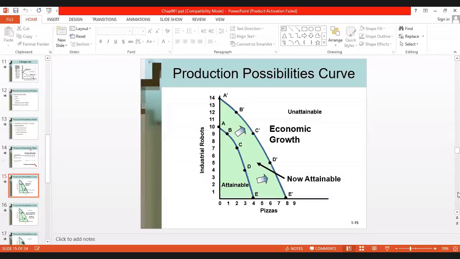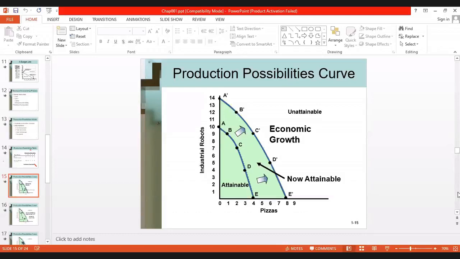But in this society's economizing problem, you can see if you produce one pizza, we have to give up a certain amount of robo. If you produce one more pizza, you have to give up more robo. If you produce the third pizza, you have to give up even more robo. So the opportunity cost is increasing.